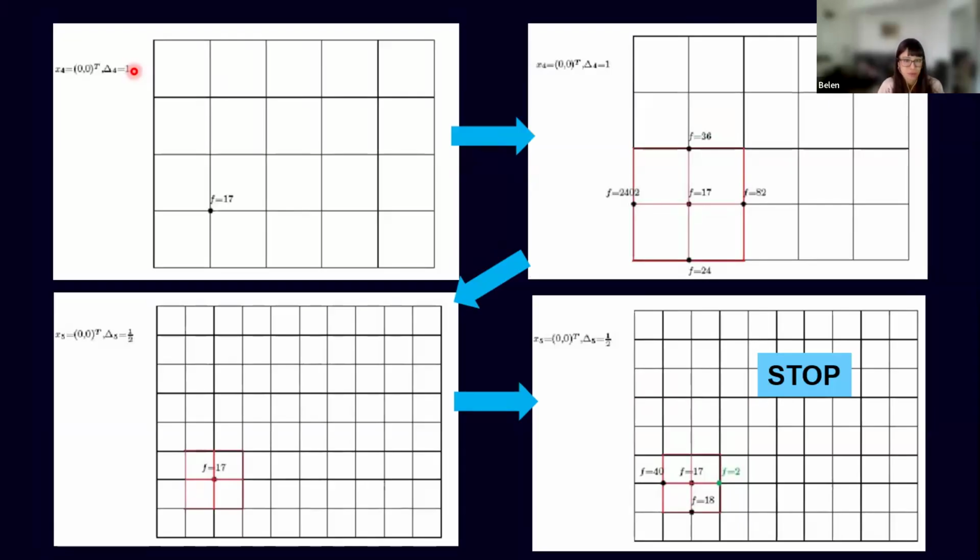And to finish, a key concept here, as Esteban also said, is globalization. A method is considered globalized if, even though it is local, starting from different seeds leads to the same minimum. In practice, we don't always need the absolute global minimum.